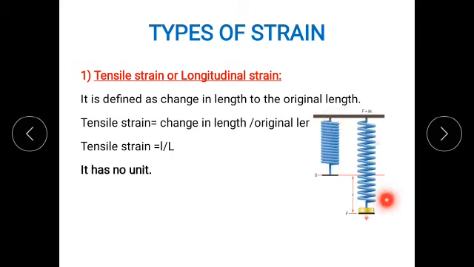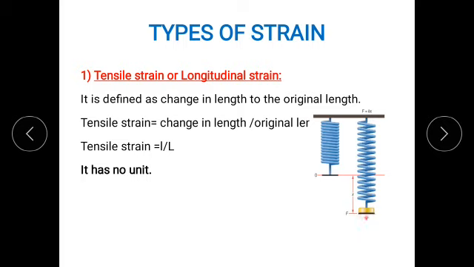But when force is applied, or when load is attached to the free end, due to the attached load there is an increase in the length of the spring or wire. See here, this line shows the original position of the wire. But when mass is attached, there is an extension, or increase in length, of the wire. See here, this small x is the increase in length of the wire.